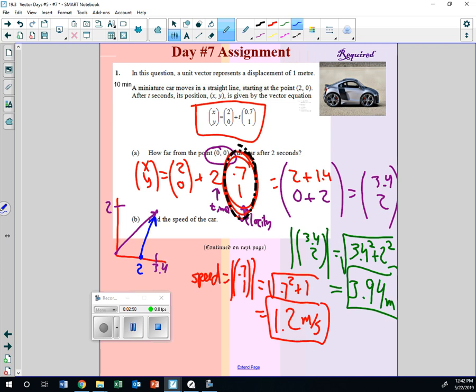So the reason this speed is lower is because if you found the distance from (3.4, 2) to (2, 0), let's do that real quick. 3.4 minus 2 is 1.4, and 2 minus 0 is 2. What's the square root of 1.4 squared plus 4?